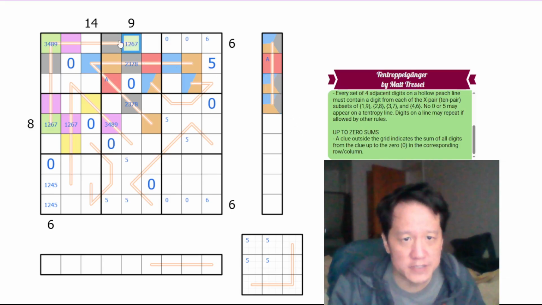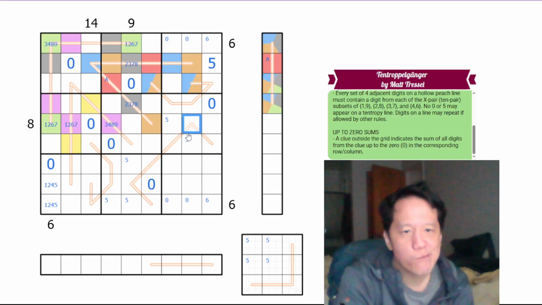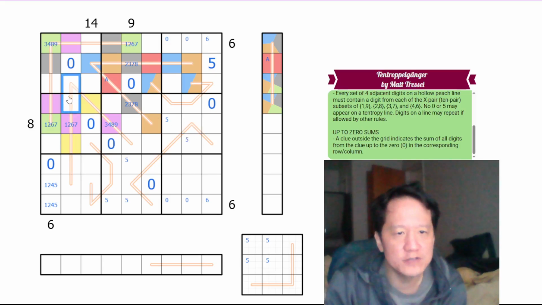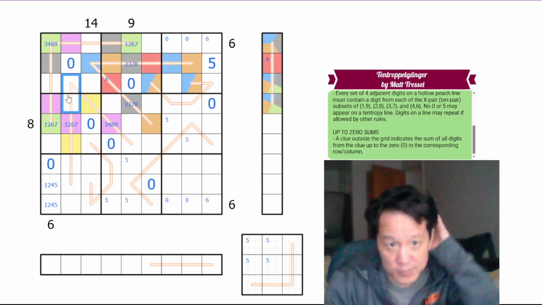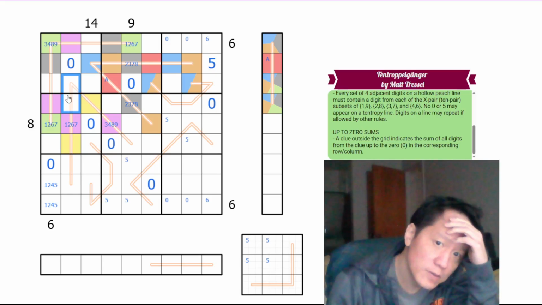Green is not the same as gray. Green is either blue or orange. So we're not missing the blue or orange green. So green has to be missing from one of these two. We know one of these two is green. I think that's it, though.